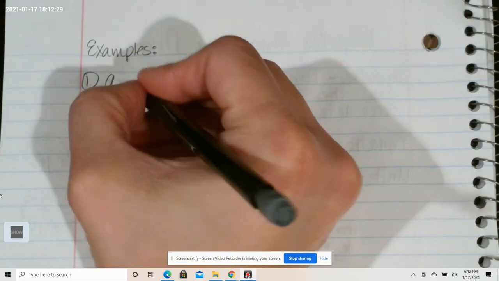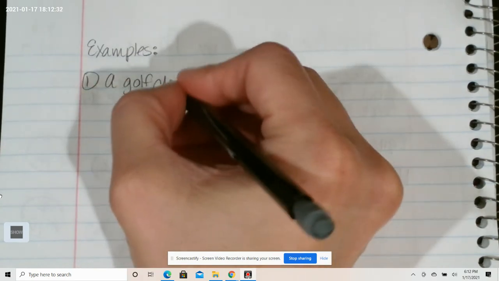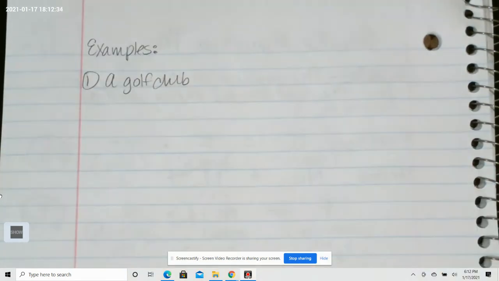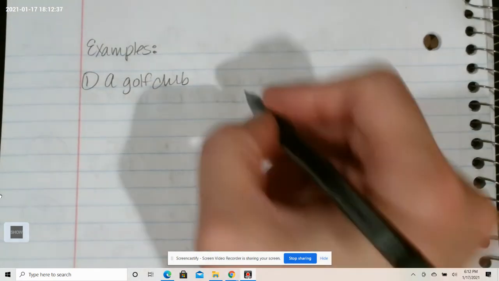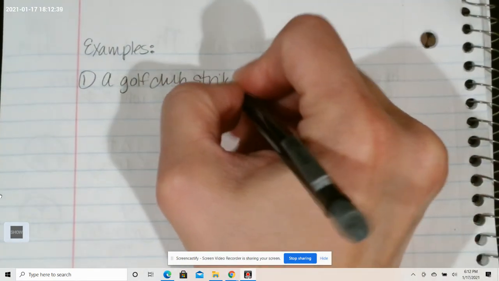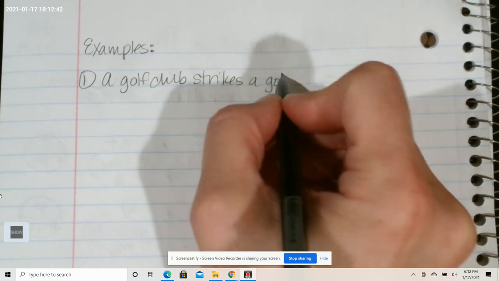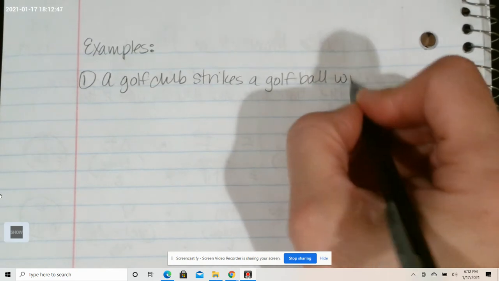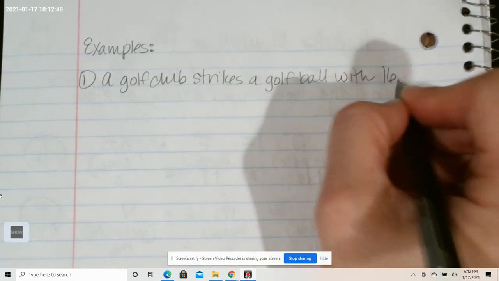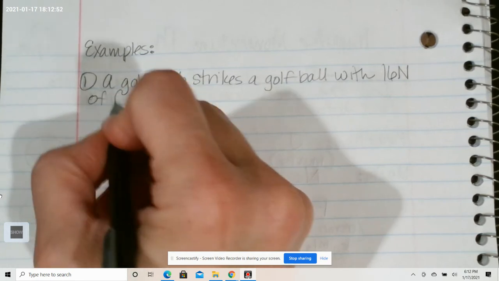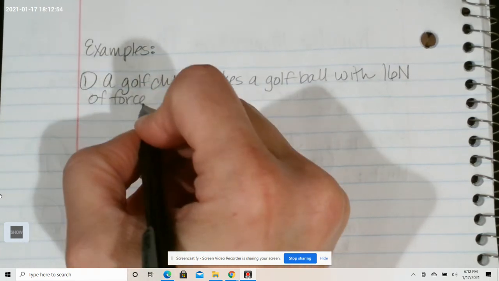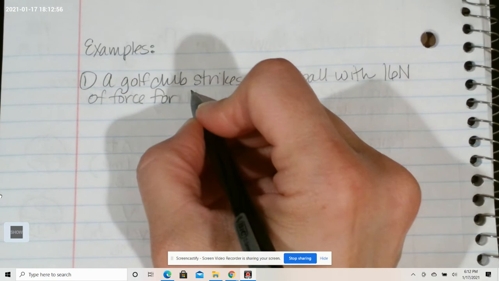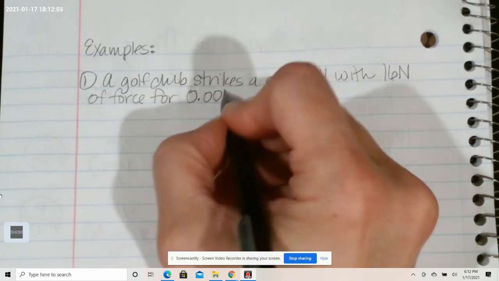So examples, let's do a golf club. Oh, goodness, my pencil always breaks. A golf club strikes a golf ball with 16 newtons of force for 0.006 seconds.